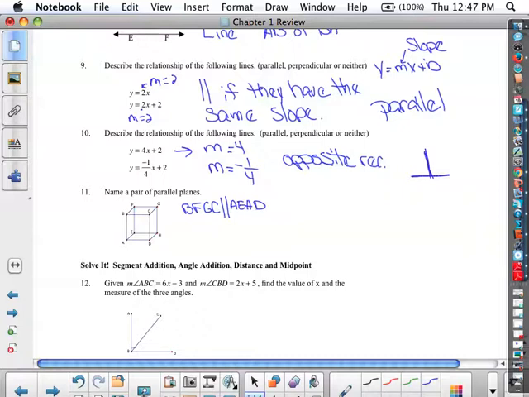I just chose to write the letters of those particular polygons. Okay, we also have then BFEA is parallel to CGHD. That's a C. And then the final one, BCDA, is parallel to FGHE.